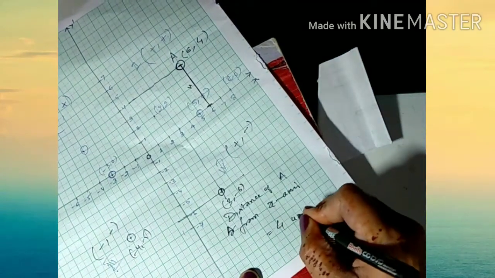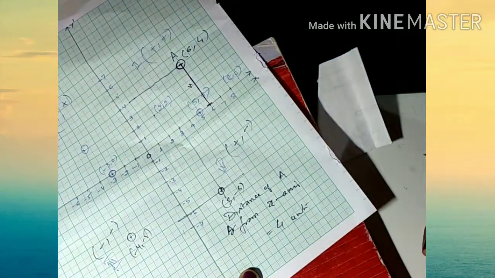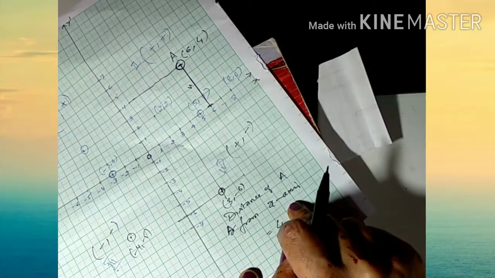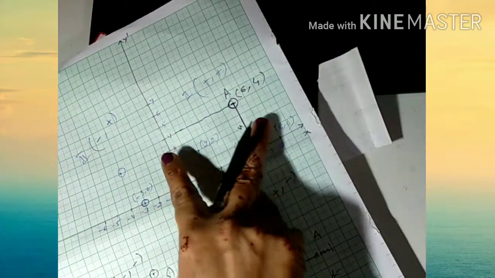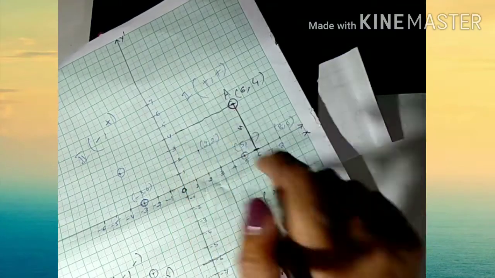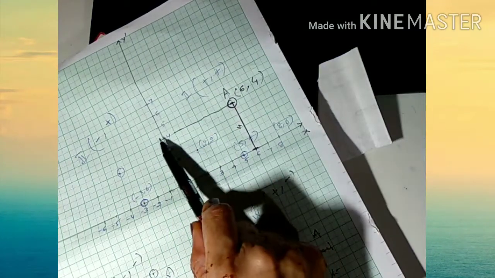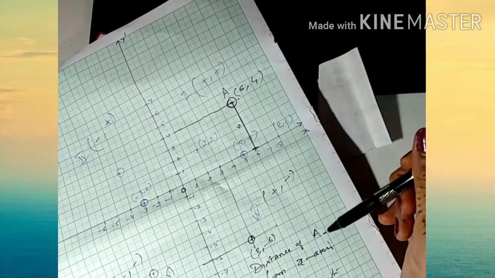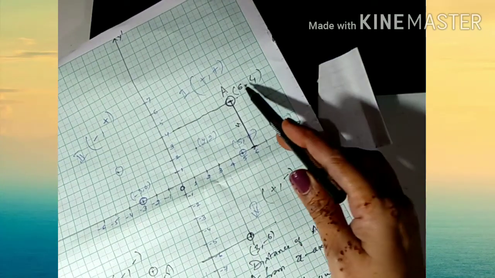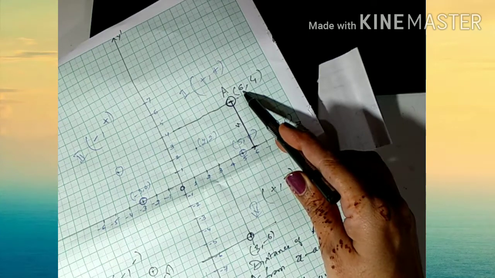That means the value of y is the distance. Now the distance of this point A from the y-axis. This is the y-axis. So how far is it from the y-axis? 6 units. So what is the distance of point A from the y-axis? It will be 6. Okay?